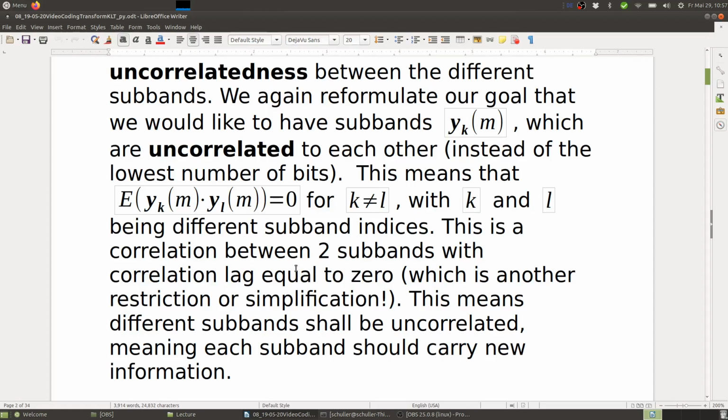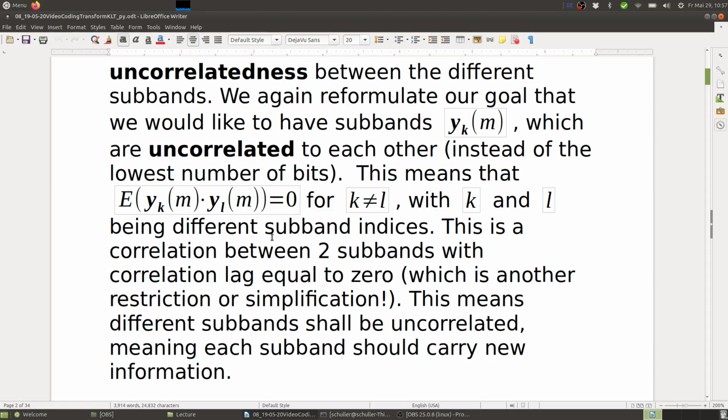So when you look at the cross correlation, then usually you have a sequence. So you have the cross correlation of some additional index, say n, and then you have the shift m minus n here in one of those entries. Here we don't have it. So this is another simplification. We don't really take the entire correlation.